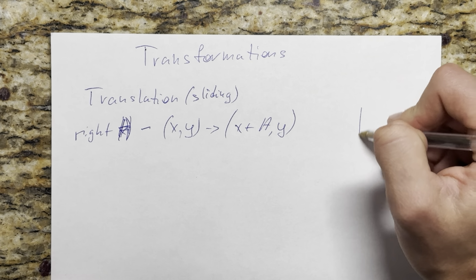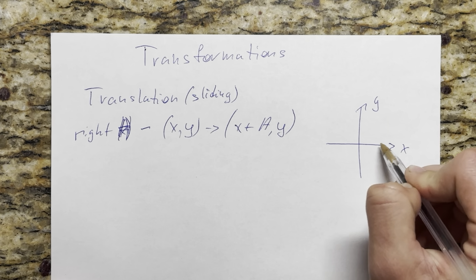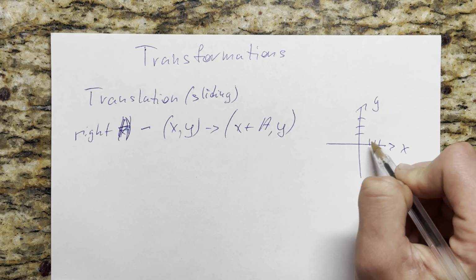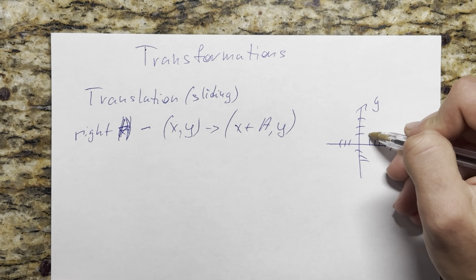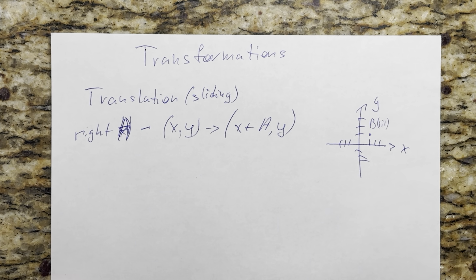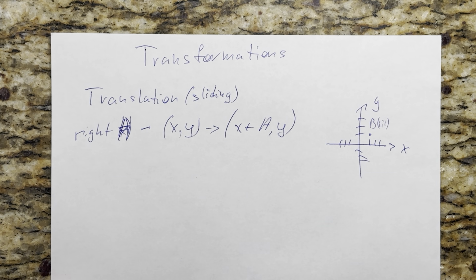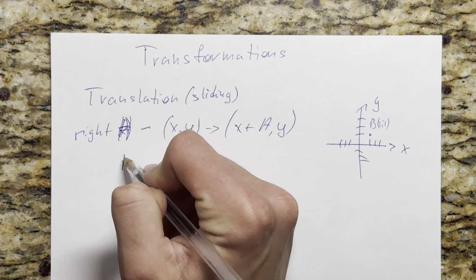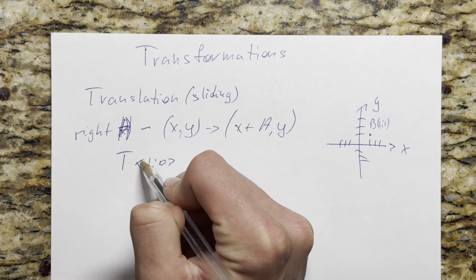And let's try an example. Okay, so our point B is at coordinate 1, 1. And we want to slide it 1 point to the right. So we'll write T 1, 0.